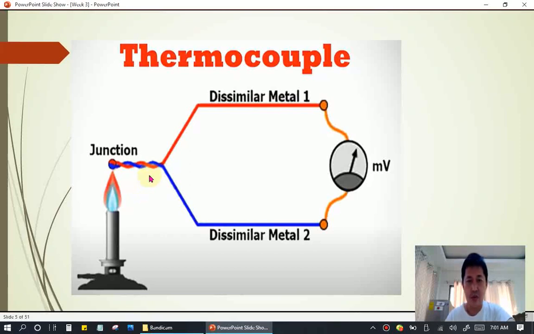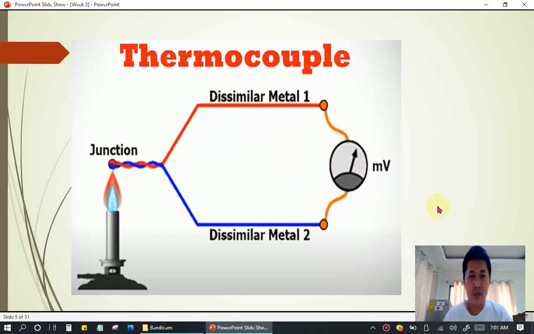So there is the similar metal one, the similar metal two, which is your wire going to your millivolt meter. So it is read here the voltage, because the signal here from your sensor is sent to your controller, and then it is read to your voltmeter.